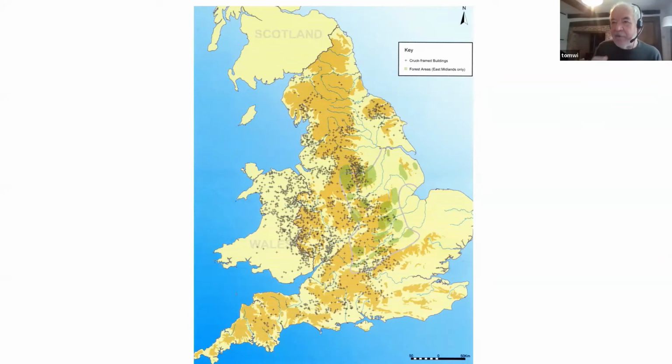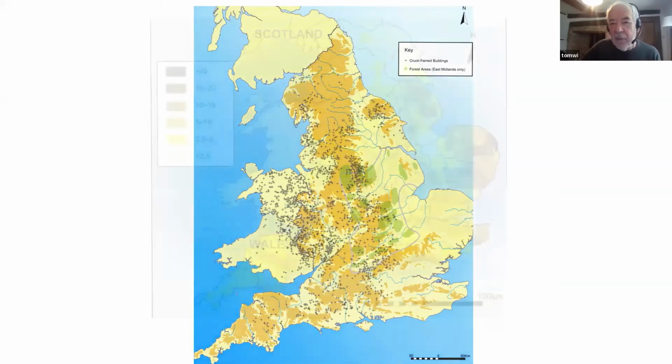Box frame areas are dense populations, so they tended to have coppice woodland, forcing straight growth in trees rather than open grown trees, low branching. And open grown trees, low branching is what you need for a cruck. We didn't have the appropriate timber, so high population densities tend to encourage box frame.